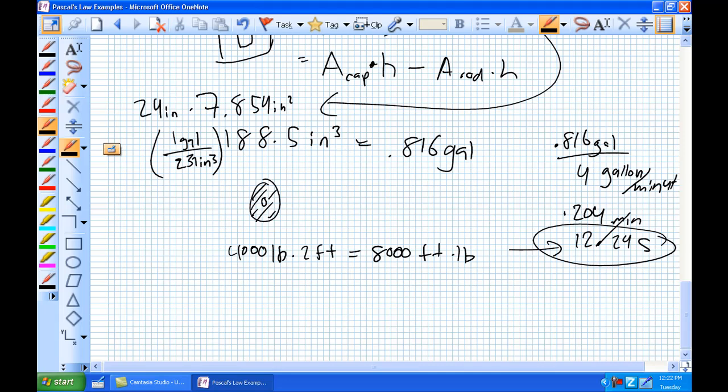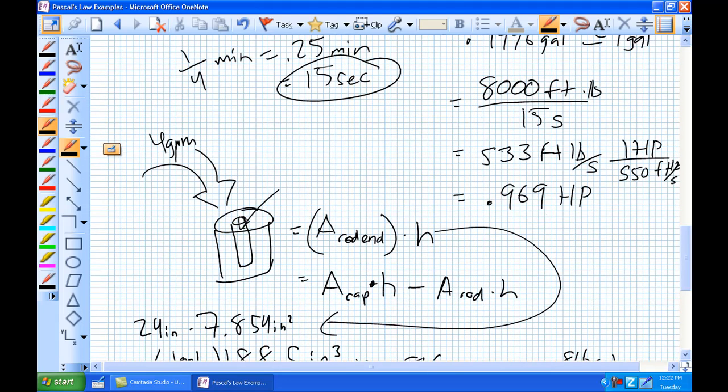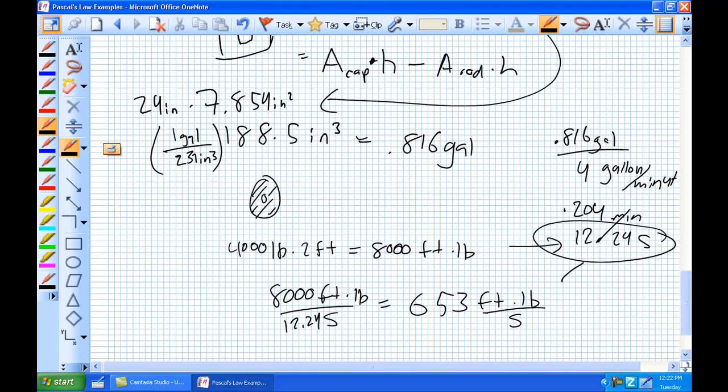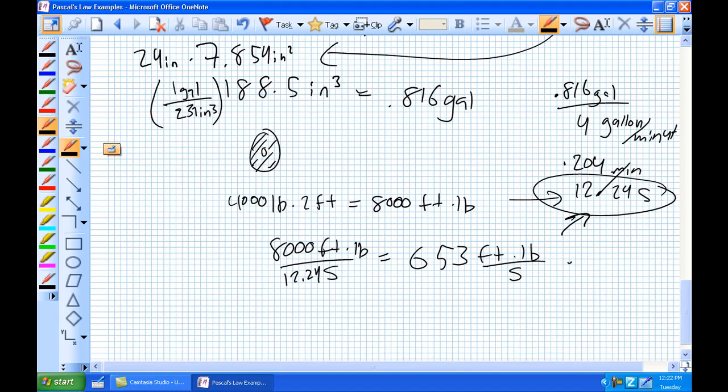But let's figure out the power requirement, which is the time rate expenditure of energy: 8,000 foot-pounds in 12.24 seconds gives us a value of 653 foot-pounds per second, which, in comparison to our extension, is a lot bigger because we did it a lot faster. Okay? Let's convert that to horsepower.